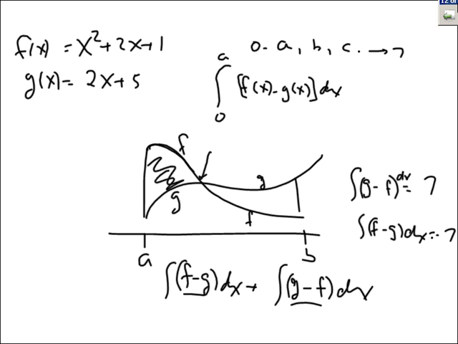Why? Because I factored out a minus 1. That minus 1 comes in front, and that's where you get the minus 7.